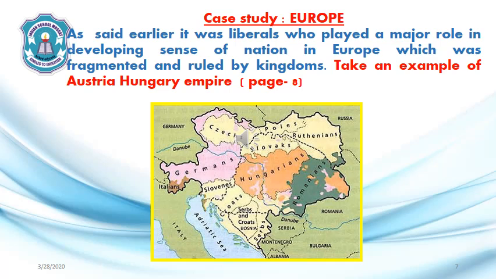The Austrian or Hungarian Empire was a cluster of many people of various cultures. So definitely the question arises here, as I said earlier, how such a fragmented Europe developed a national sentiment.